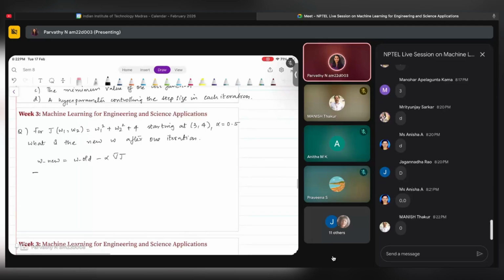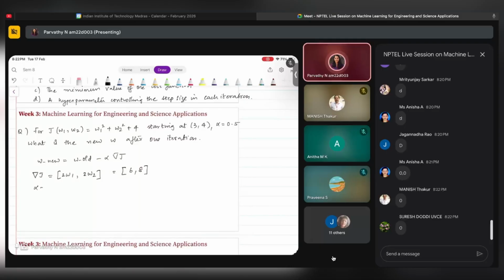So the gradient will be 2w1 and then 2w2. When we substitute for w1, w2, it is 3 and 4. So 2 into 3, 6; 2 into 4, 8.